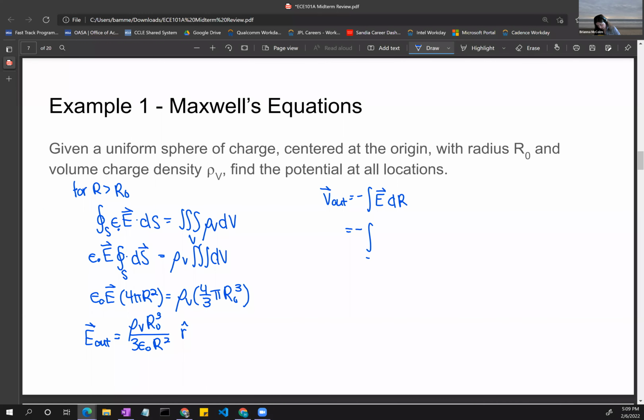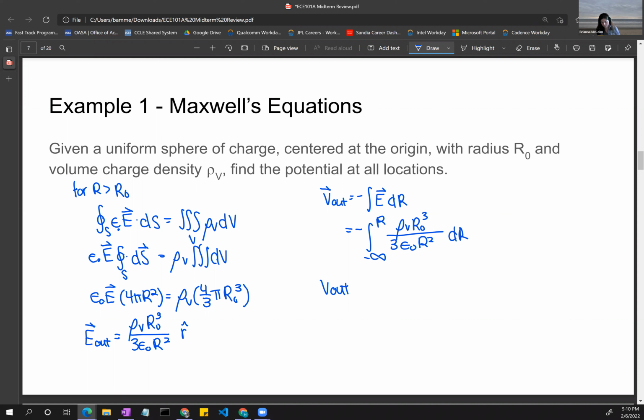And then just plugging in the value that we got in the previous part of this question. And note that the rho v r naught cubed over 3 epsilon naught, those are all constants.